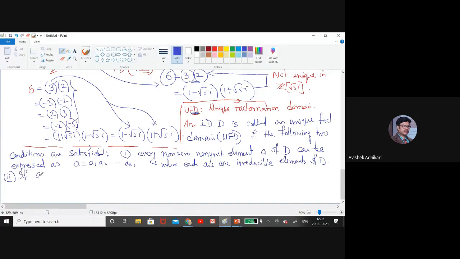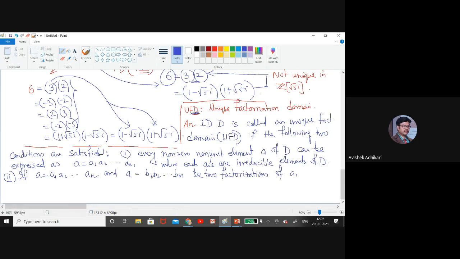So it says that if a equal to a1, a2, ..., an and a equal to b1, b2, ..., bm are two factorizations of a, then, what do we mean by factorization of a?